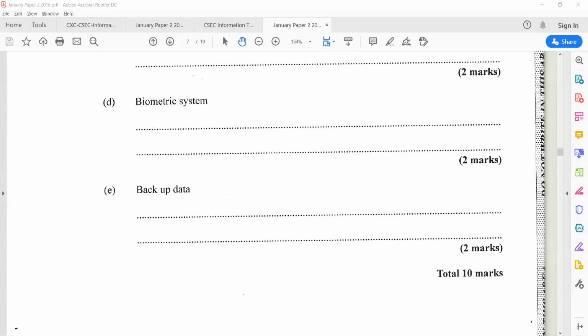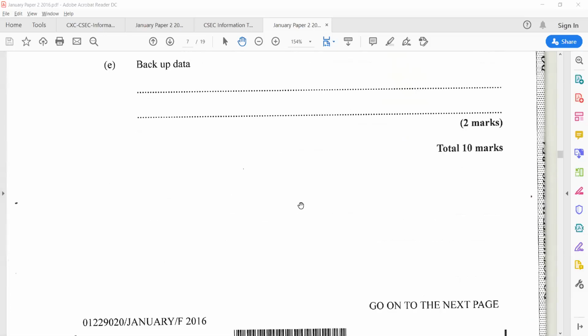So if you have, let's say, an SBA on your computer and you backed it up to a flash drive, and something happens and your laptop gets damaged or corrupted, you could always use the documents from your backup, which is in your flash drive, to access the work. Okay, so that's it for this question.